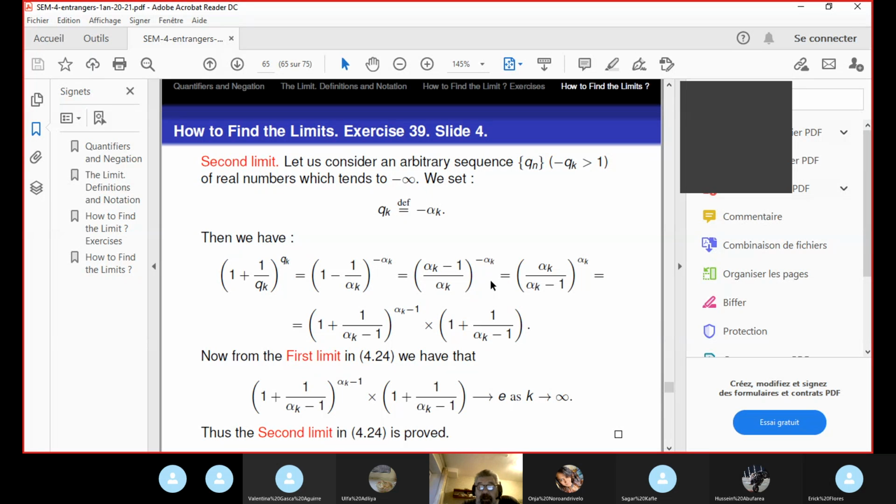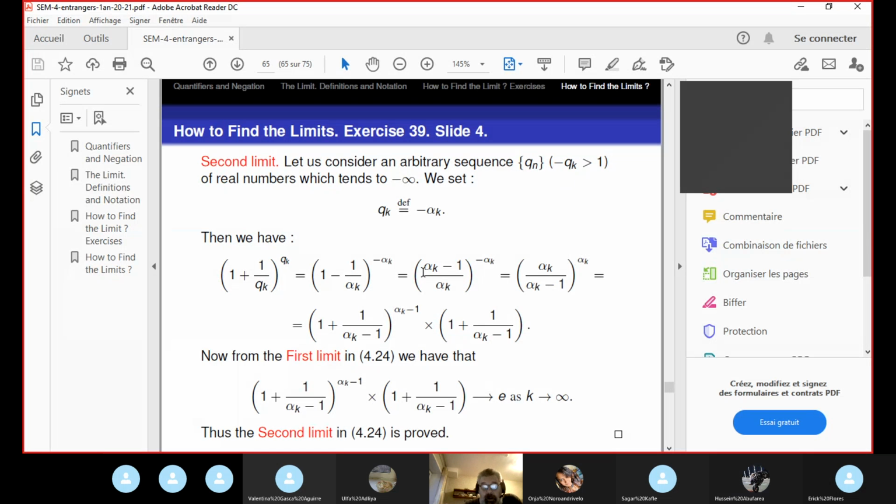So our limit theorem gives us that this limit is e as k goes to infinity. That is, the second limit in 4.24 is also proved. Agree? Totally. Yes, I agree. Thank you.